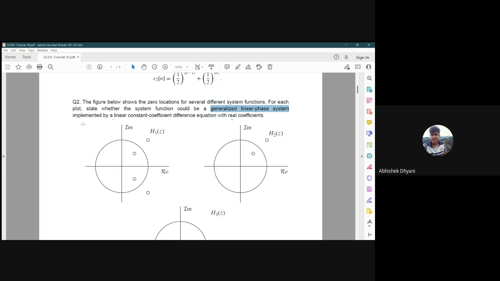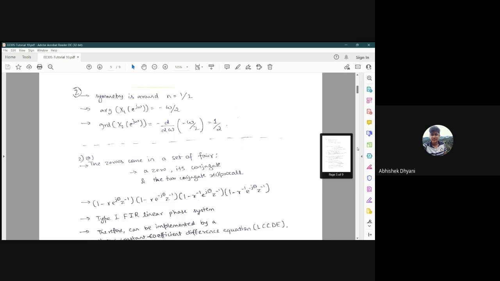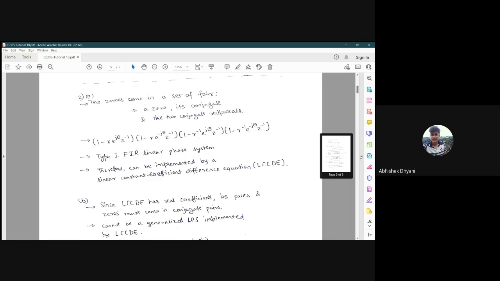So if we look at the first case, there are two complex conjugate zeros inside the unit circle and two that are lying outside. So let's reason on whether or not this will be a generalized linear phase system. So part two, it's this one.